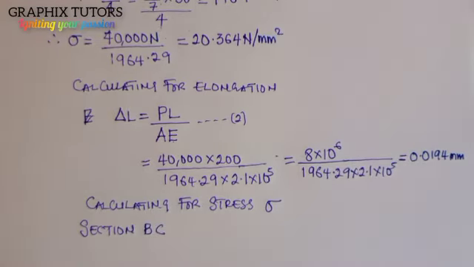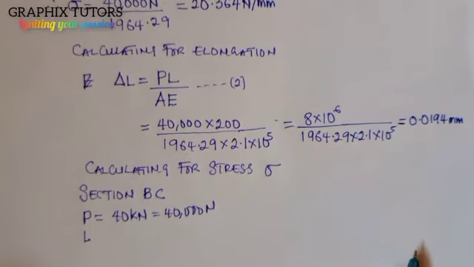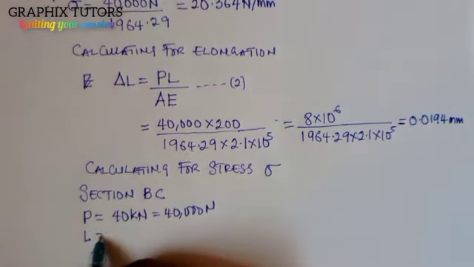We know very well that the force is constant, which is given as 40 kilonewton, and that is equals to 40,000 Newton. Now the length is giving us 250.